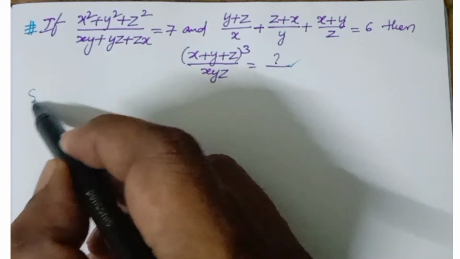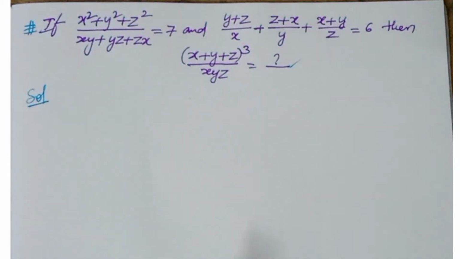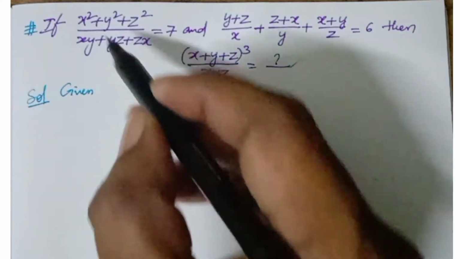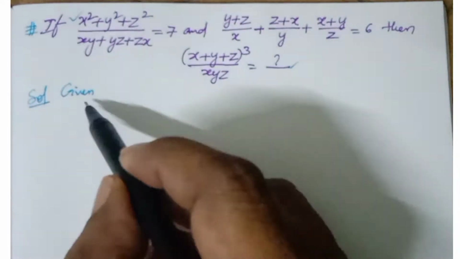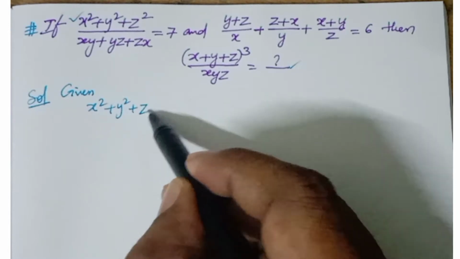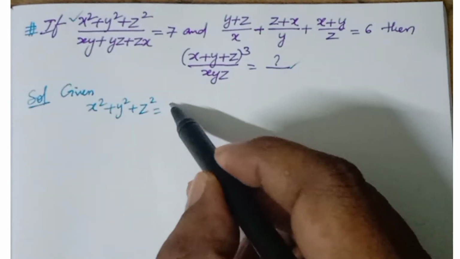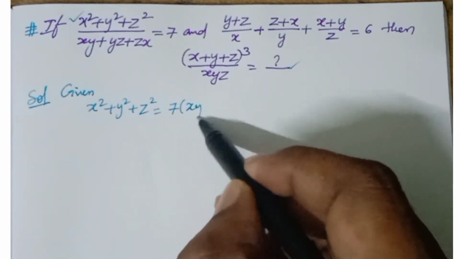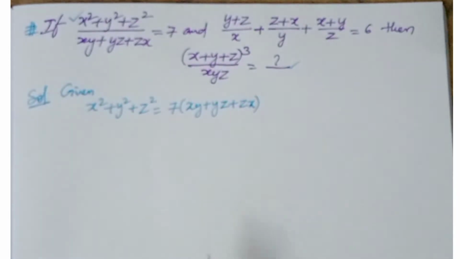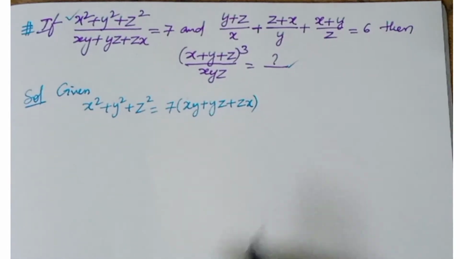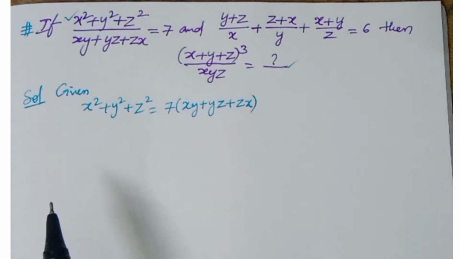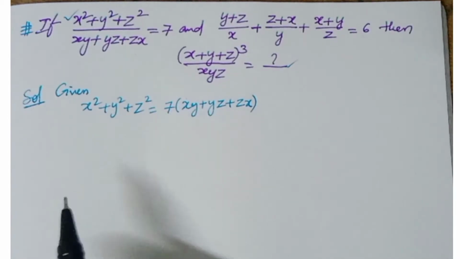Now if you go to the solution, here what is given, first part we will take: x² + y² + z² = 7(xy + yz + zx). What is required is (x + y + z)³.